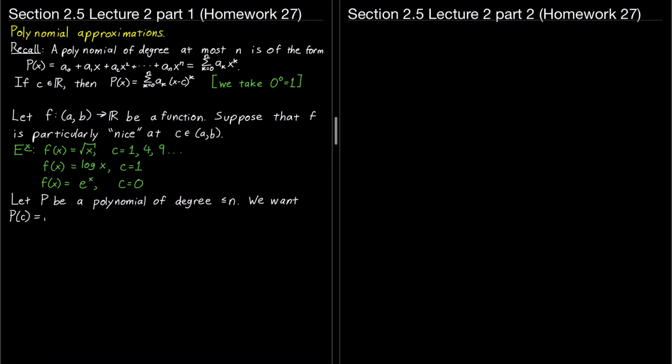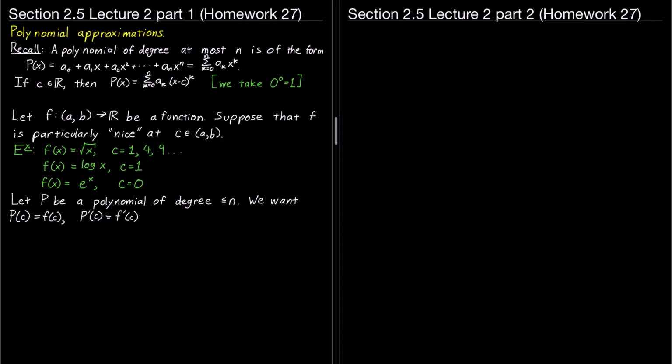So we said f was well behaved at c, so let P of c be equal to f of c. And we'd also like to say a little bit more about this polynomial, so let's suppose that they've got the same derivatives at this point.